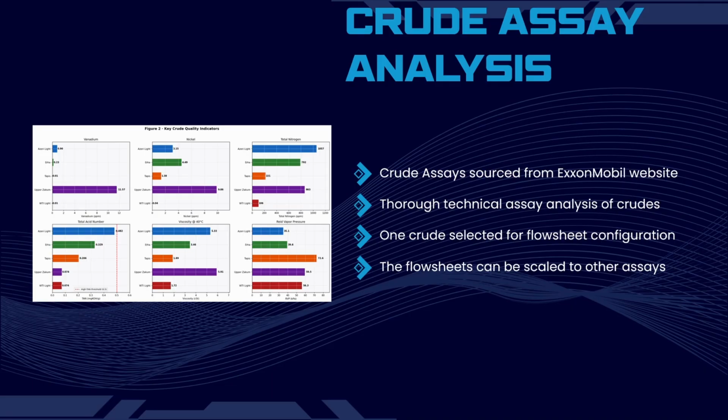So what we have done, we have gone through a thorough technical assay analysis of the crude, where we looked at all the major properties which affect the entire process of crude distillation, not just the CDU, not just the crude distillation unit where we separate the crude into various products.